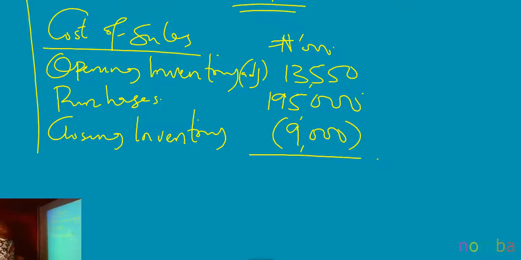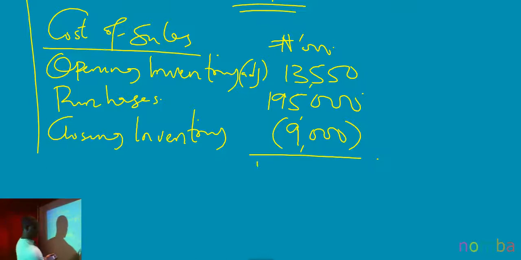Okay. So with this, we can get our cost of sales. And that will be 13,550 plus 195,000 minus 9,000.